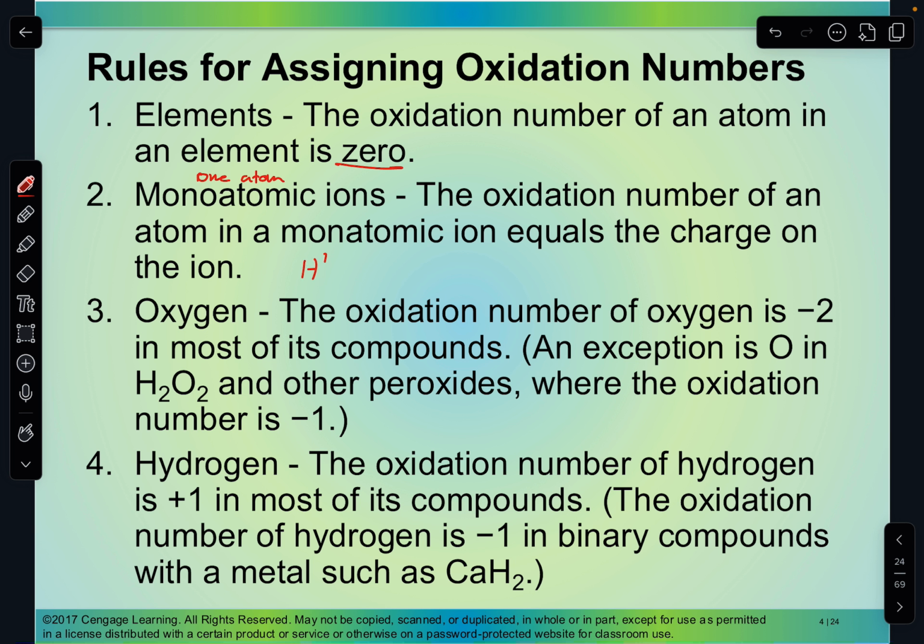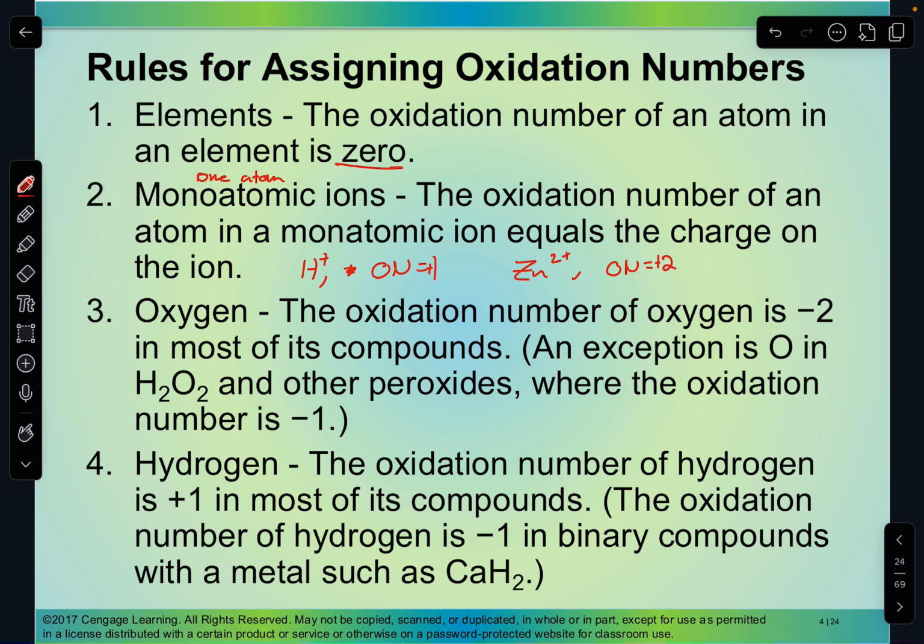So if you have H plus, the oxidation number equals +1. If you have Zn2 plus, the oxidation number equals +2.